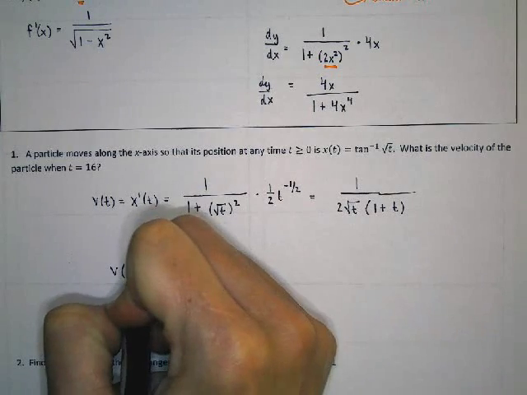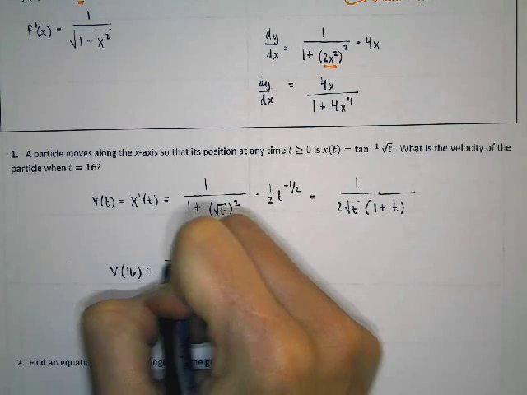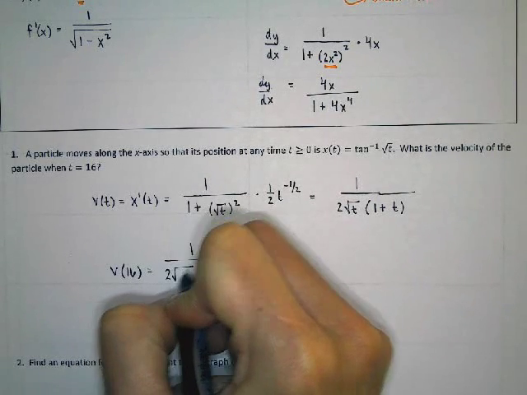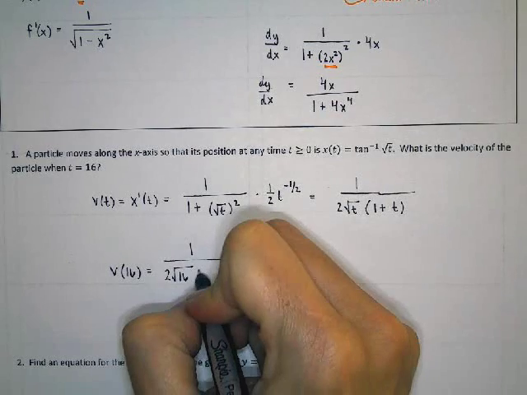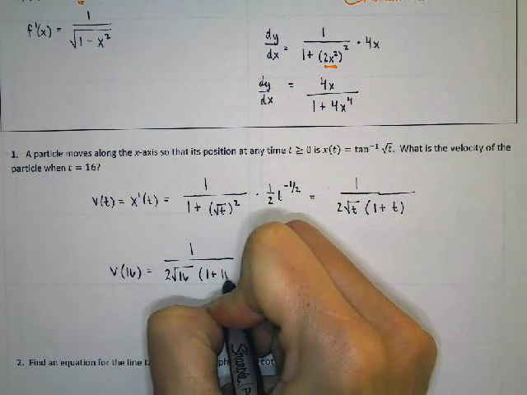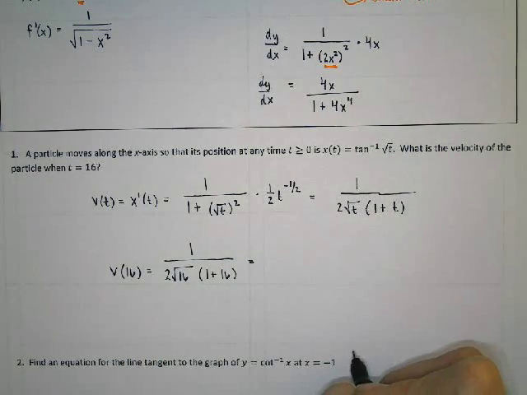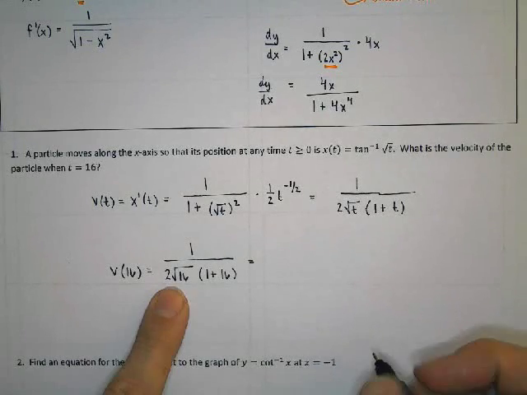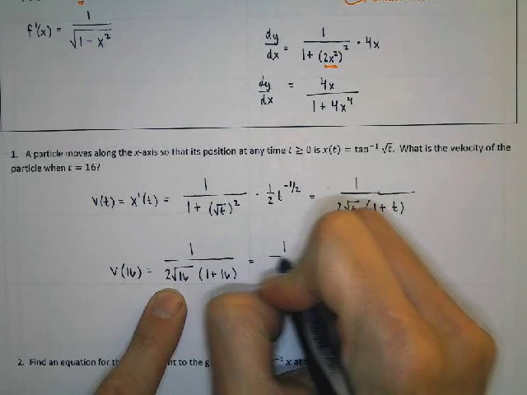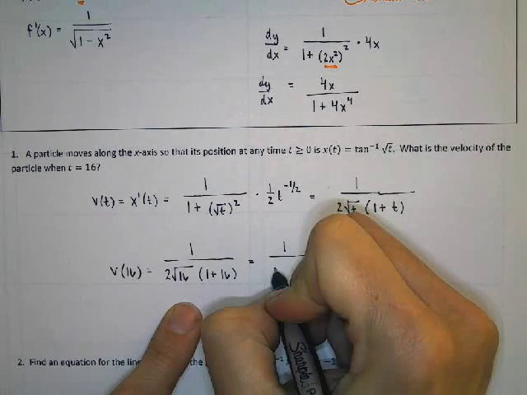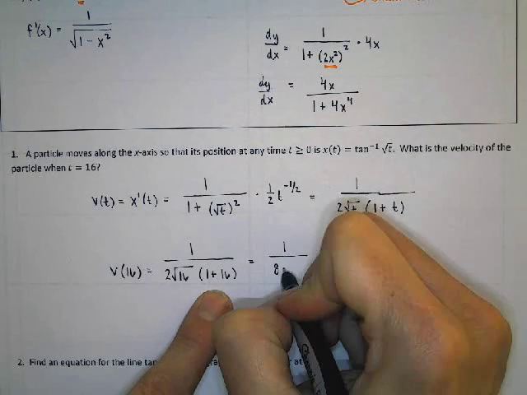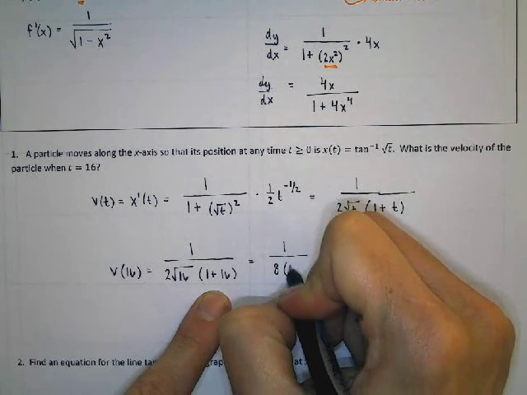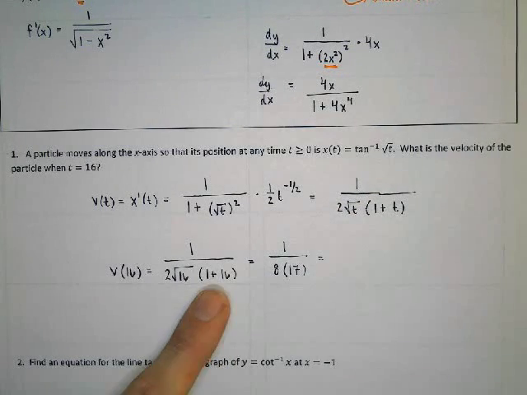So now v of 16 is going to be 1 over 2 times the square root of 16 times 1 plus 16. So I know the square root of 16 is 4, times 2 is 8, and I'm multiplying that by 1 plus 16 is 17.